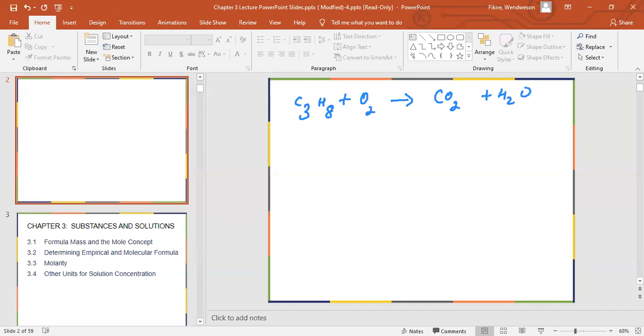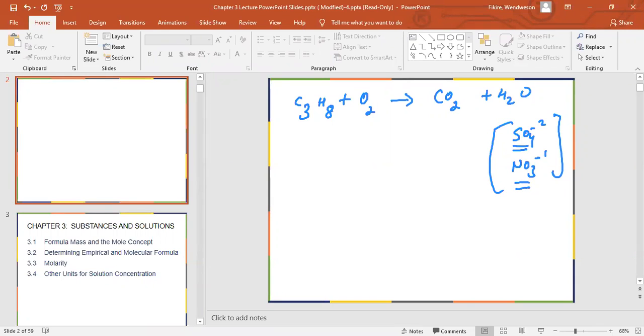One thing that we need to know is there is no strict rule for balancing the equation. If you have a polyatomic ion involved, like a sulfate ion or nitrate ion, you have to treat it as one unit: how many sulfate ions you have, how many nitrate ions you have.